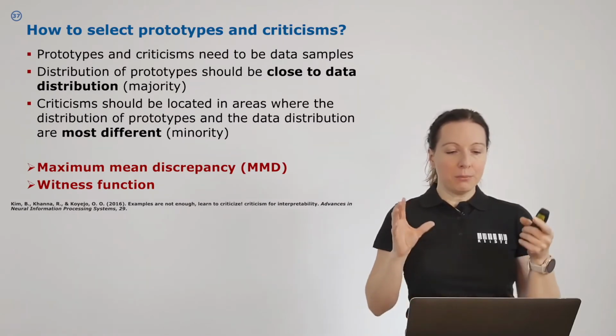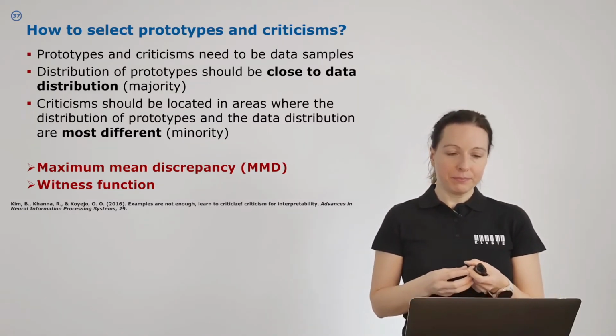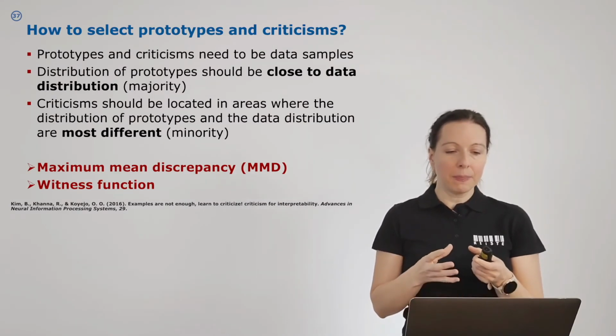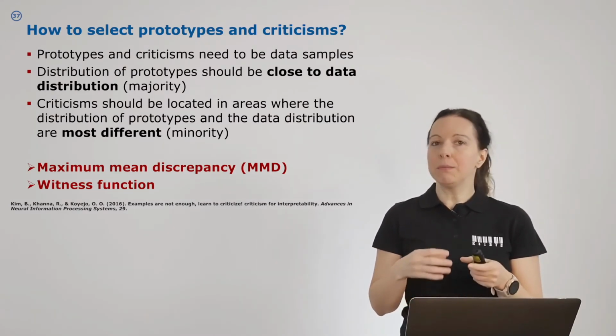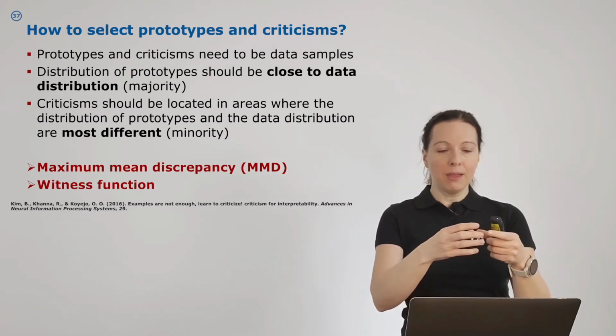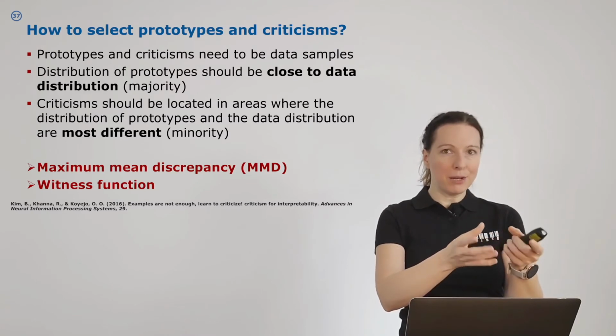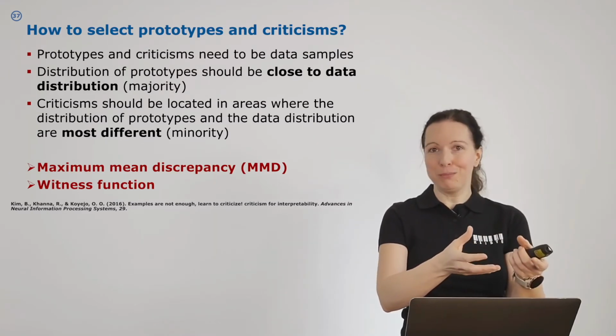That means with criticisms, minorities in the data are covered. So we do not speak about outliers. We speak about dense areas which are a little bit isolated, so they're minorities, and they should be represented.